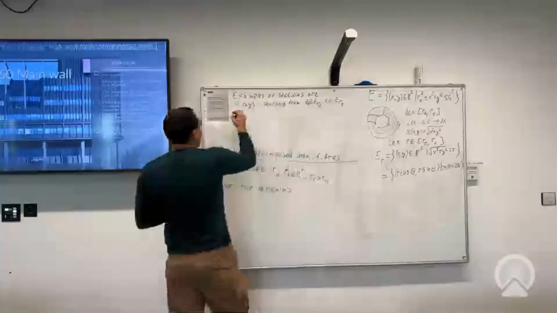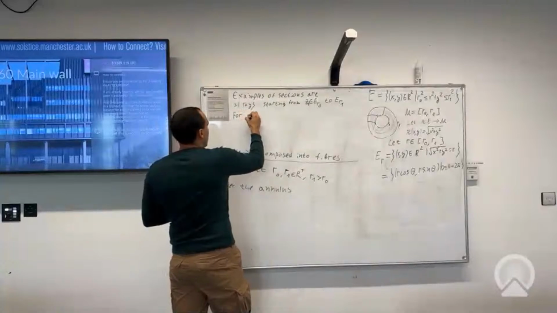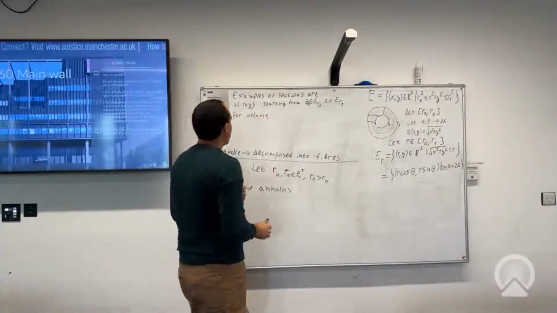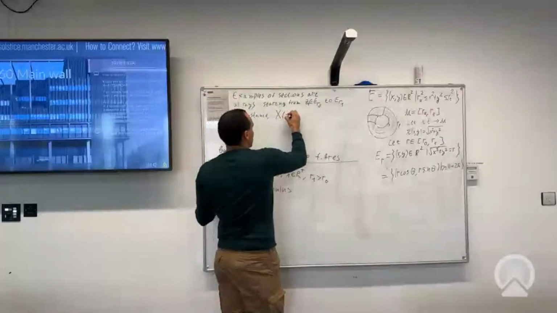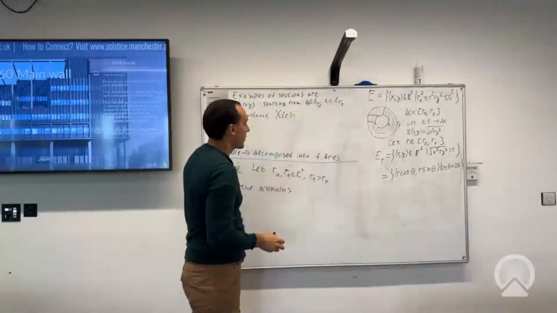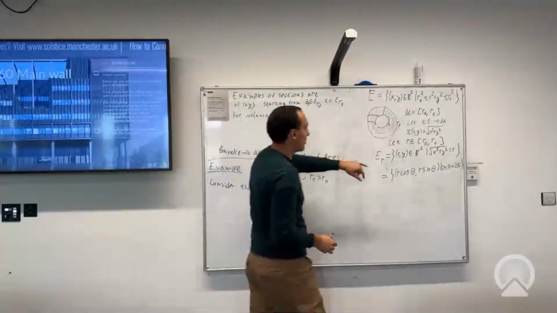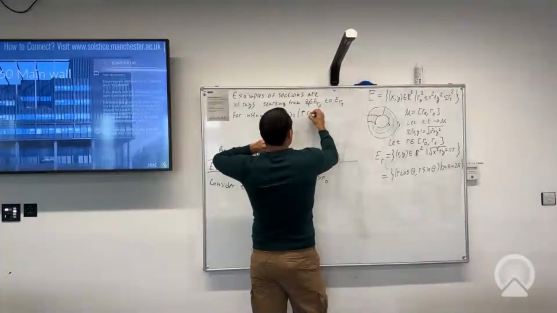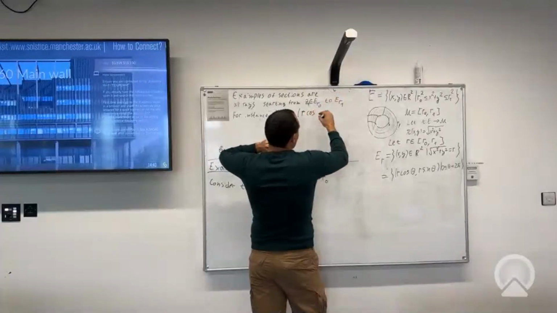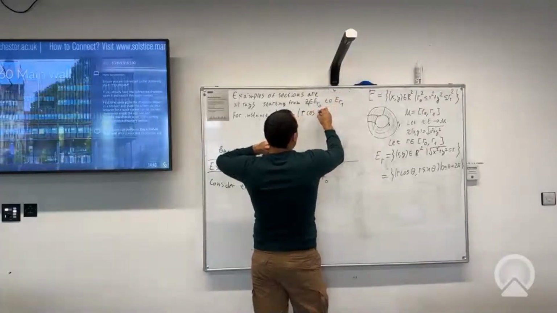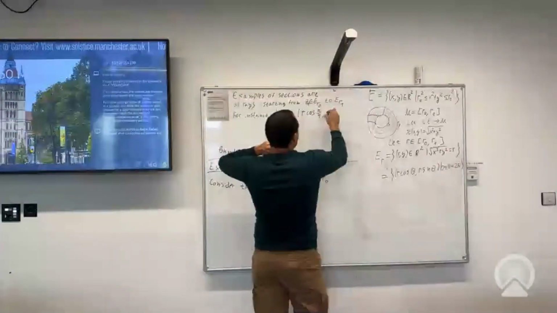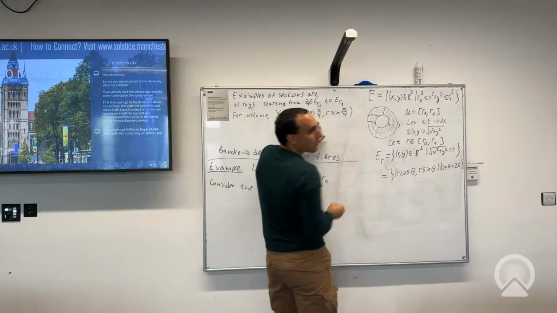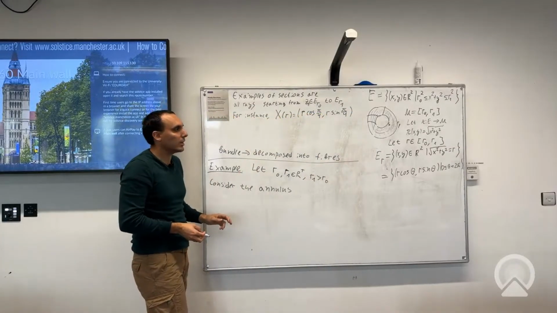For instance, X of R will be some R cosine, I don't know, maybe pi over 4. Doesn't matter, the angle doesn't matter. Every angle works.